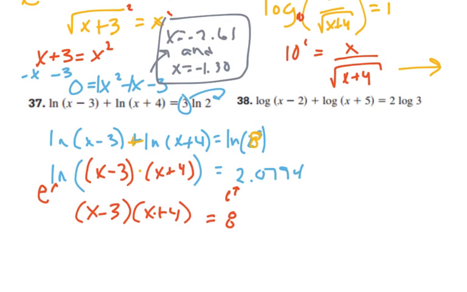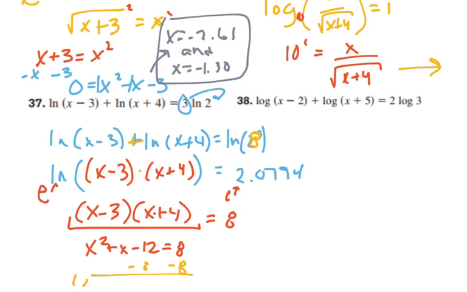So how do we solve this? We are going to expand this beautiful set of phrases and get x squared plus x minus 12. And then, of course, set it all equal to 0, otherwise we can't solve again. And so we'll have x squared plus x minus 20.